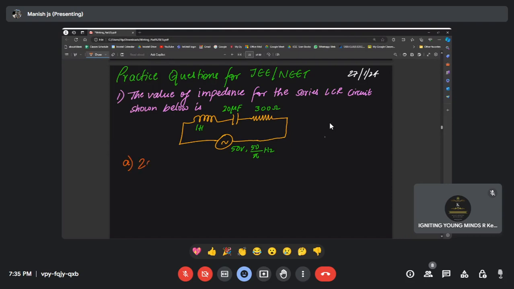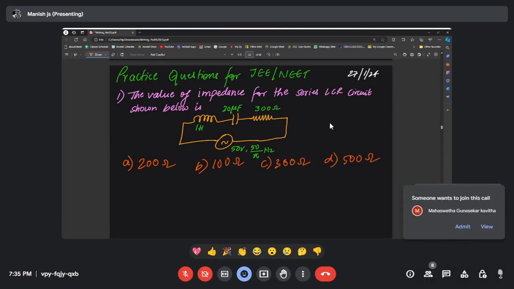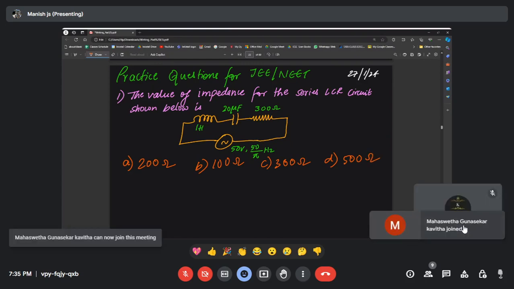Option A is 200 ohms, option B is 100, option C is 300, and option D is 500. So you have to tell me the value of impedance for this question.